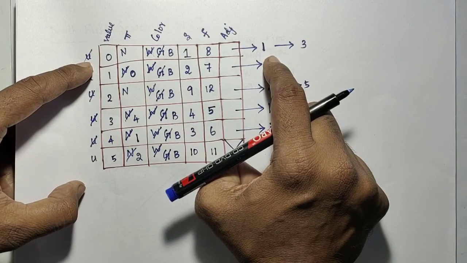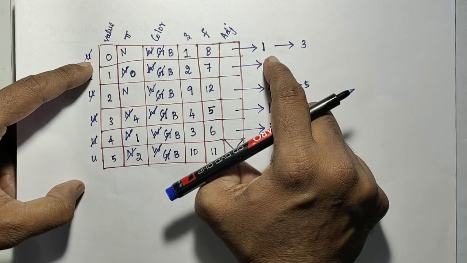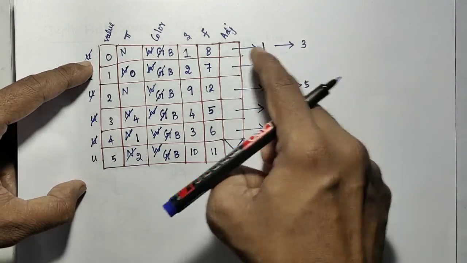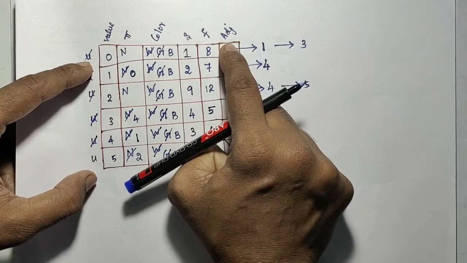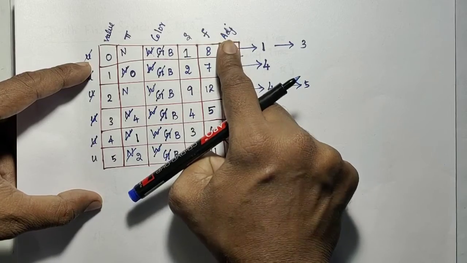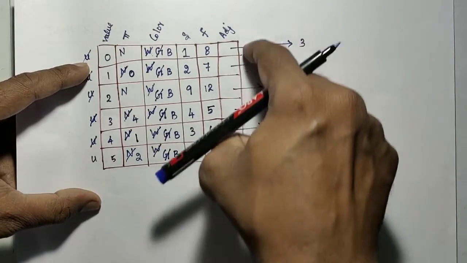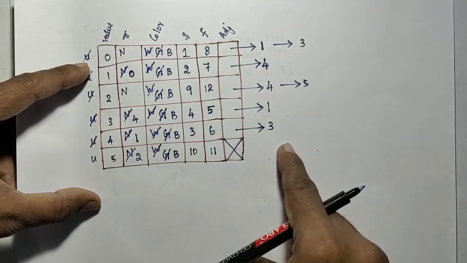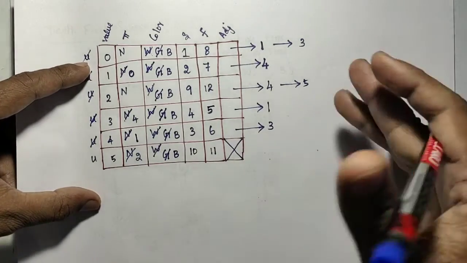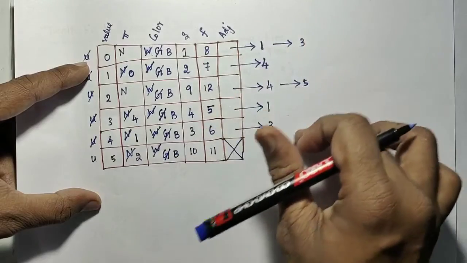Even if it is an undirected graph, the number of elements in the adjacency list is equivalent to 2 into the number of edges. If it is a directed graph, the total number of elements in the adjacency list is equivalent to the number of edges. So at most 2 into the number of edges.